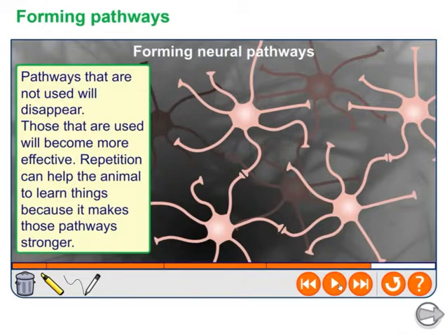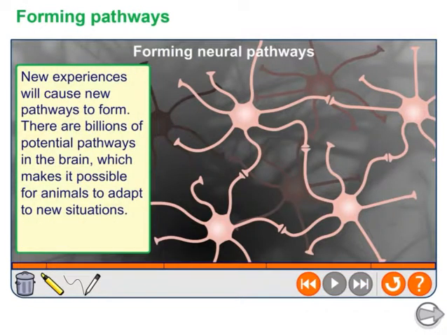But repetition can help the animal learn new things, because these new pathways are repeated and strengthened and become more efficient. And it's this building of new pathways and creating these new networks which is the essence of learning in mammals.